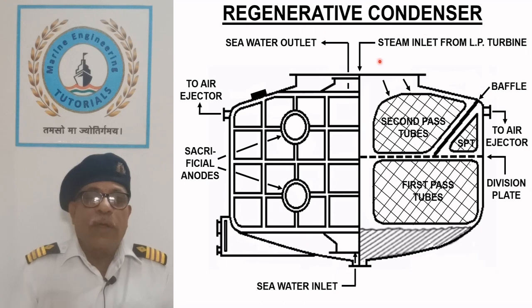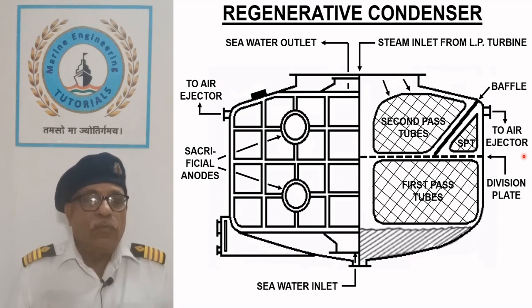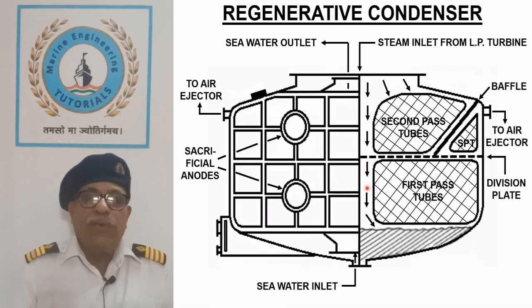Steam from low pressure turbine enters the condenser shell from the top, impinges on the cold tube carrying seawater and gets condensed. Part of the steam is led below the condensing water through the central passage, which helps to reheat the condensate to reduce its undercooling.